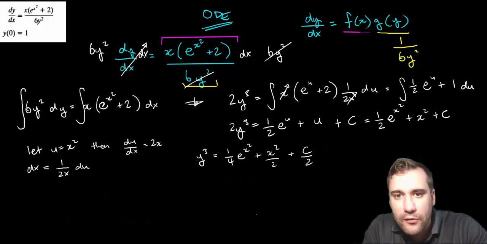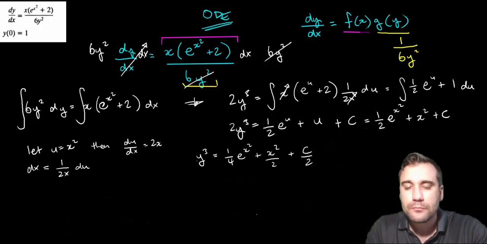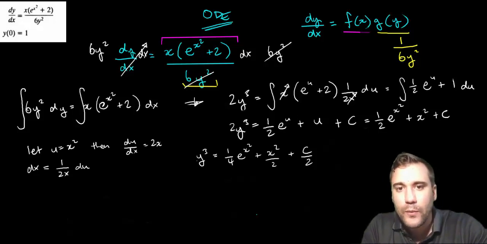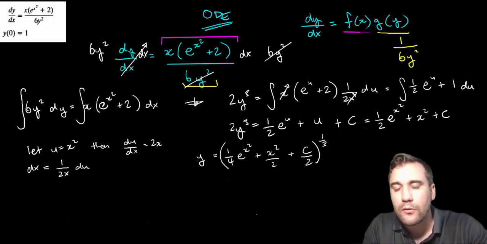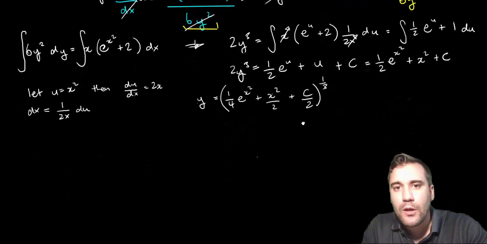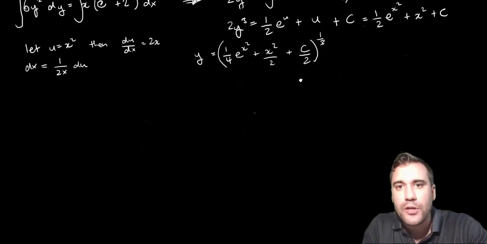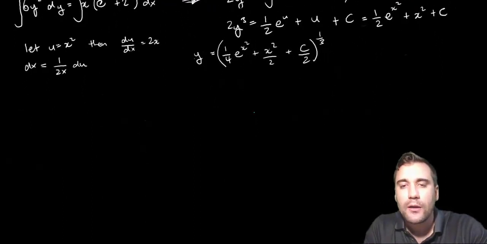So hopefully you can understand how we got here. And of course we can get rid of the cube by raising all of this to the 1/3. So we now have our general solution in terms of y for the differential equation.